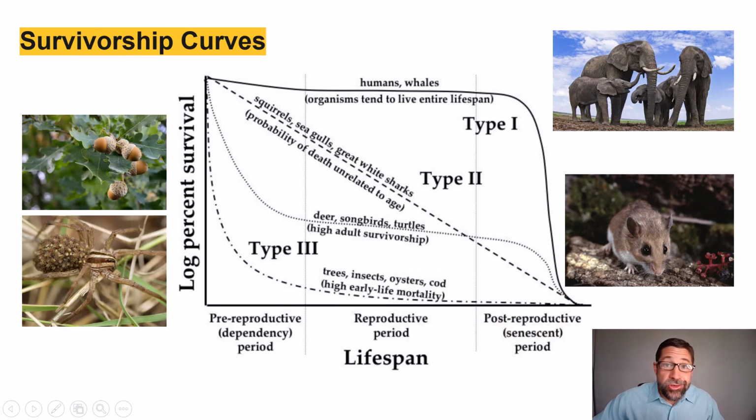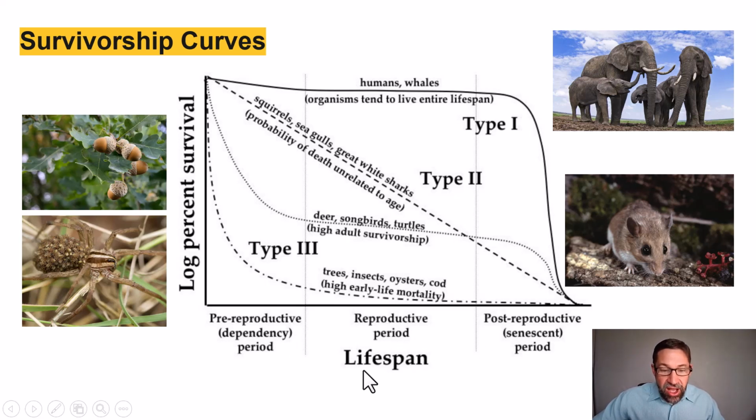Mammals, like all species, are going to exhibit patterns in their survivorship, which are often represented graphically by the 3 types of generalized survivorship curves. So these are showing the pattern of mortality across the organism's lifespan from one age class to the next.